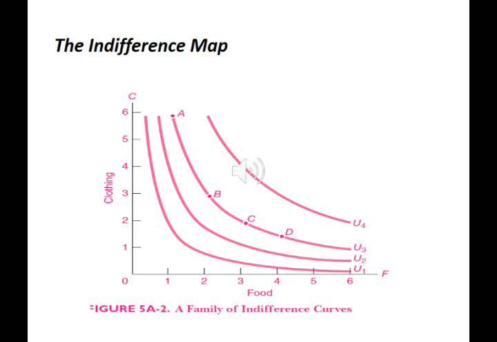And he will tell us what consumption bundles give him a higher level of utility, and we're going to connect them together, and this will be a higher indifference curve. He can also tell us other consumption bundles that give him a lower level of utility, okay? We can then connect them all together, and we can form a lower indifference curve, U3.